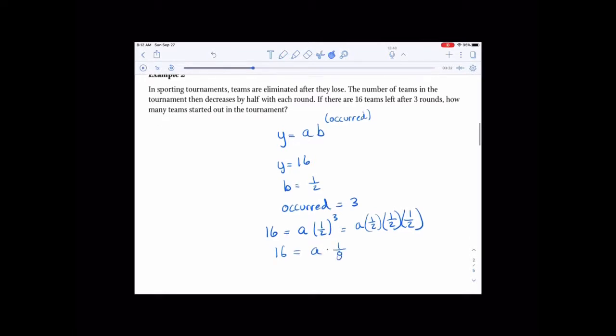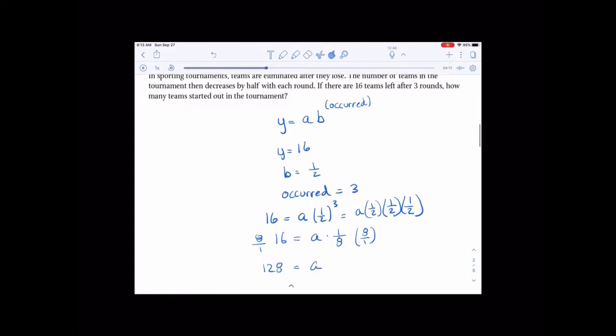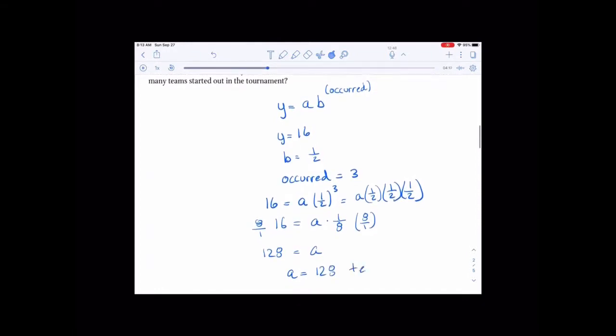Let's multiply both sides of our equation by the reciprocal of 1/8, which is 8/1. Leaving us with 128 is equal to a. The initial amount of teams, a, is equal to 128.